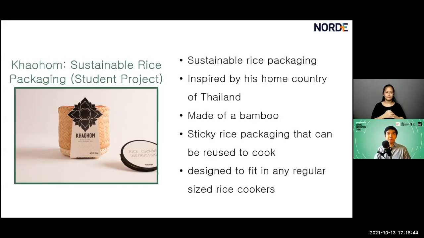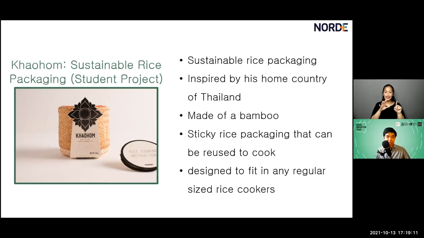Okay, so the first one we want to look at is Kalhom. It's a student project. I believe this one is from Thailand, so I'm not sure if I'm pronouncing it properly. But the idea here is that it's a form of packaging for rice. And the focus here is that the packaging that they've designed for their product is actually different and is a sustainable alternative.